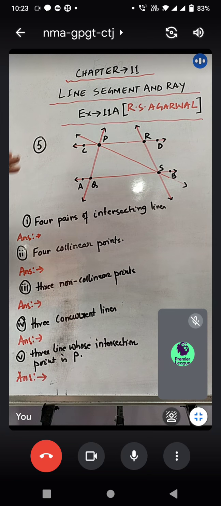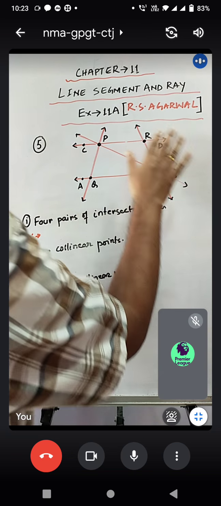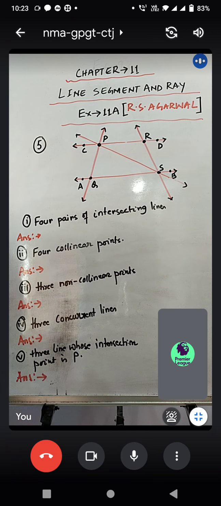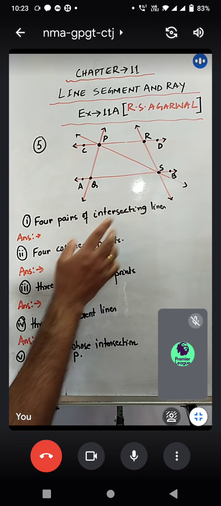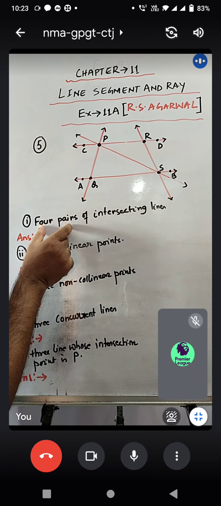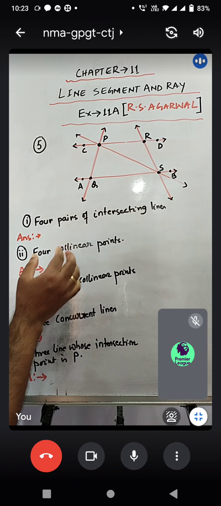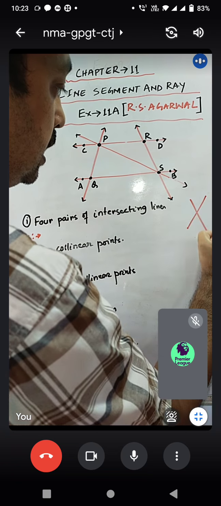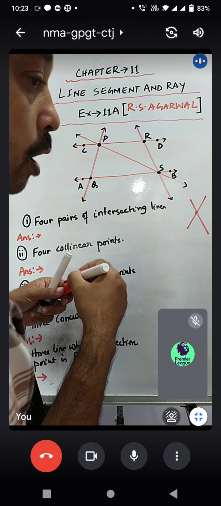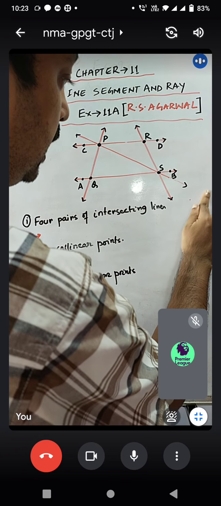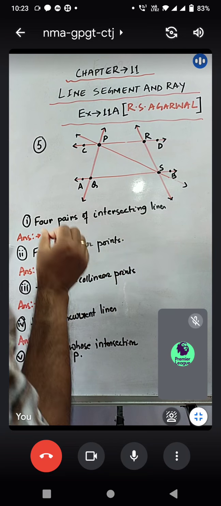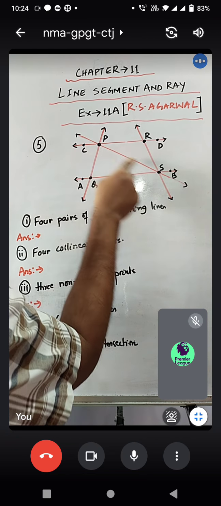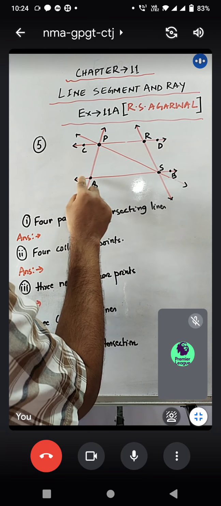Now here is question number 5. A figure is given in the question, and regarding this figure we have to answer the following questions. The first is to name 4 pairs of intersecting lines, that is, lines which have one common point. Let me start with PS and AB.